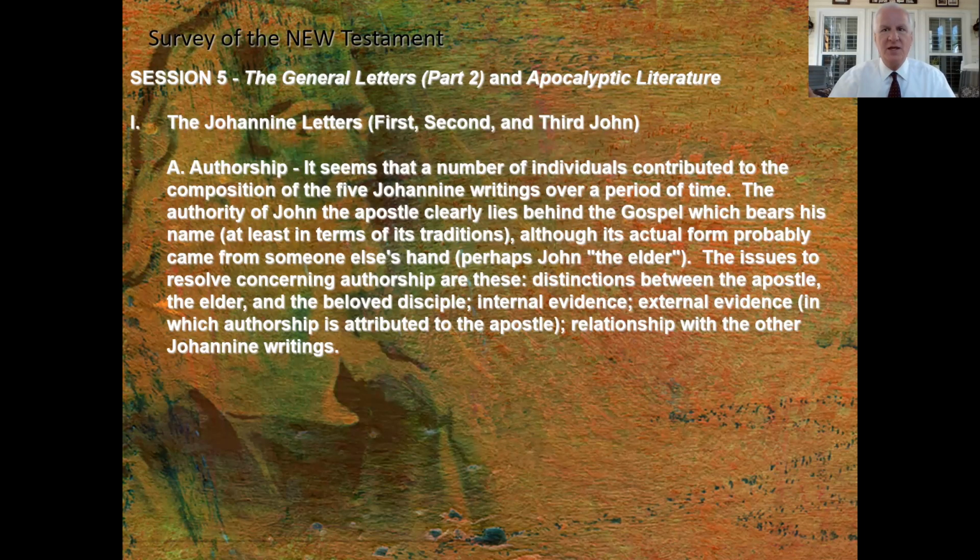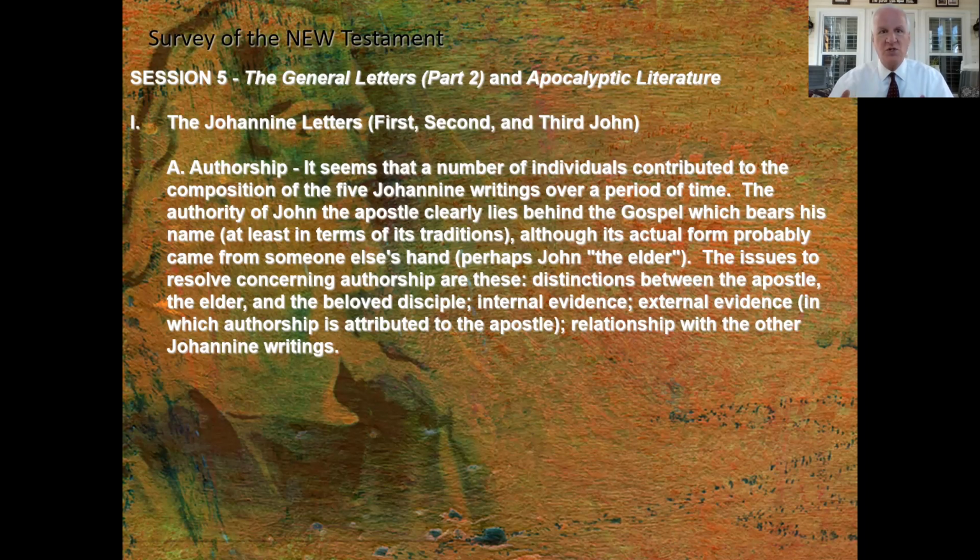But the issues you have to sort out in trying to figure out who wrote each of these writings are, first of all, the distinctions between the Apostle John, the elder, and the beloved disciple. Are they the same person or different people? Then internal evidence in the books themselves has to be sorted out.